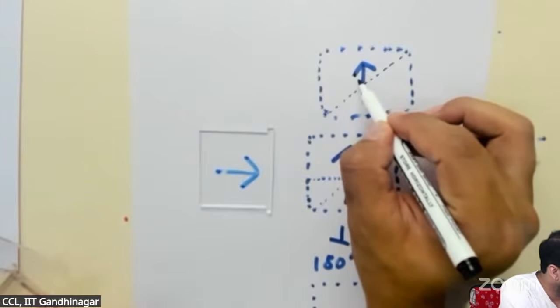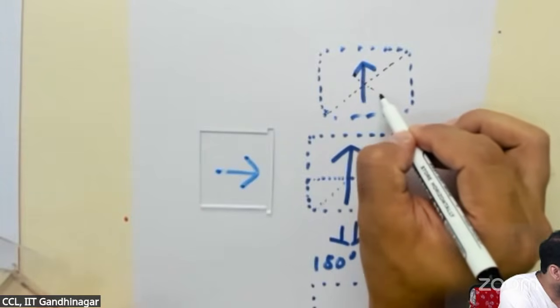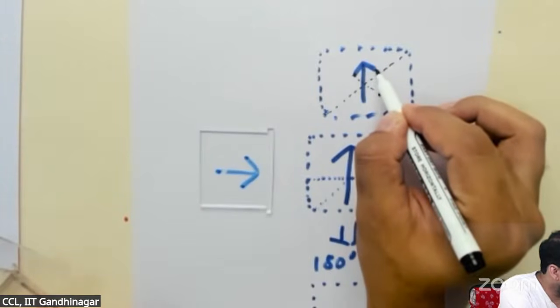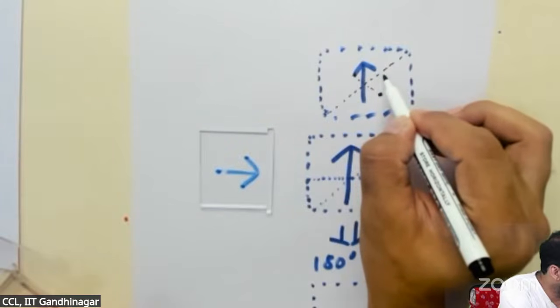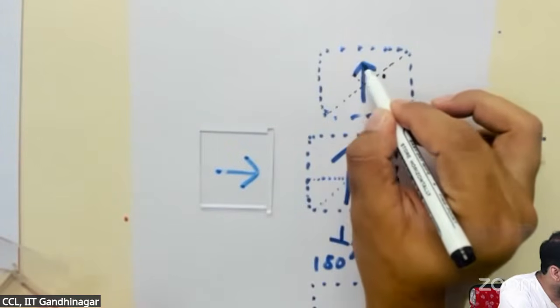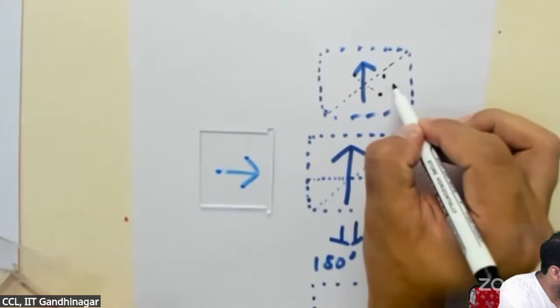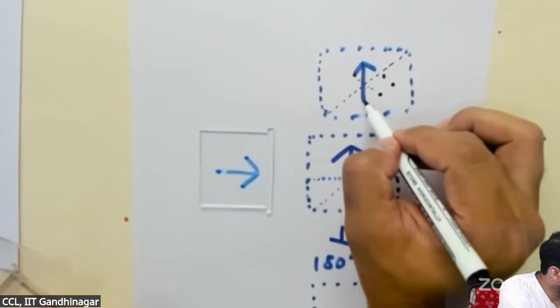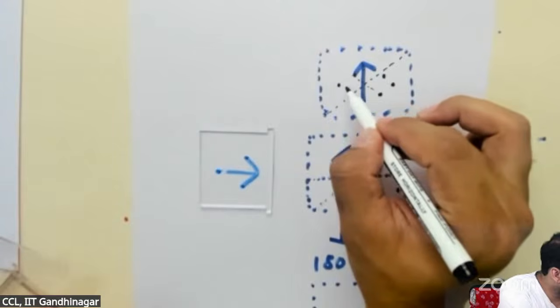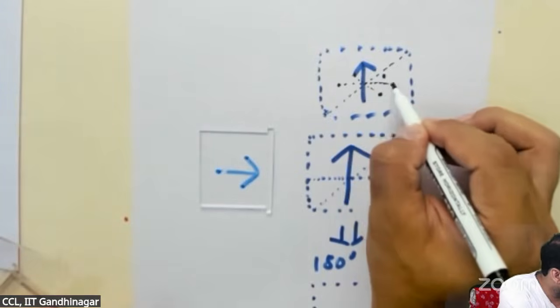So this point would be transferred somewhere around here. This point would be transferred somewhere around here, and that's how this image is formed.